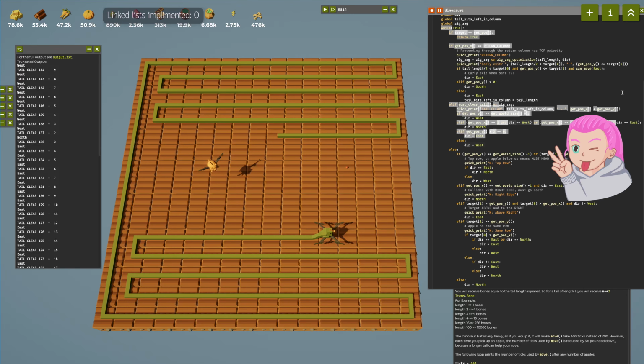Okay. Let's do a little bit of a code extraction here. Make it a wee bit cleaner. It does need the target and the tail length.